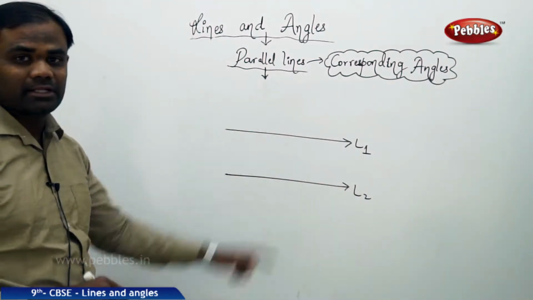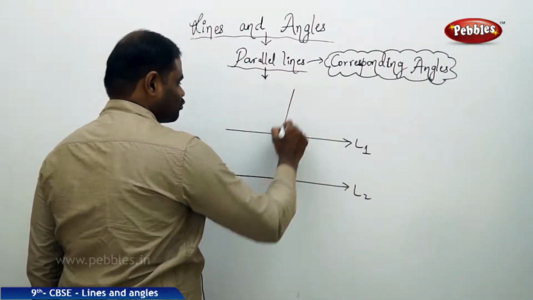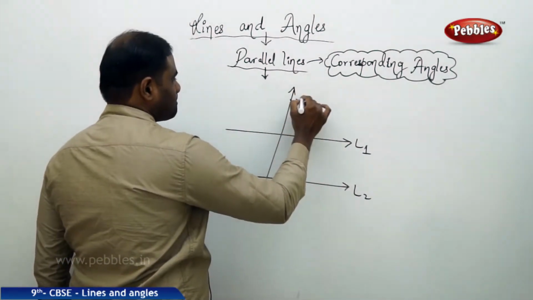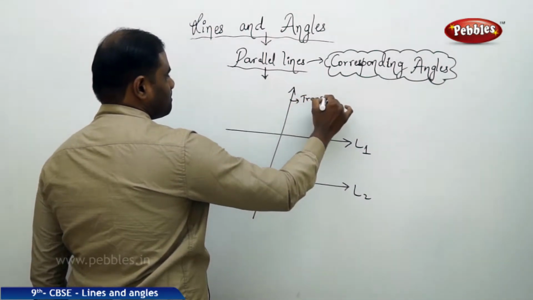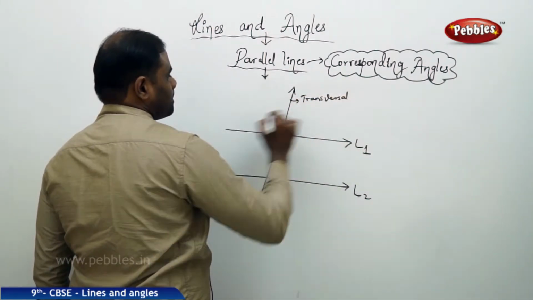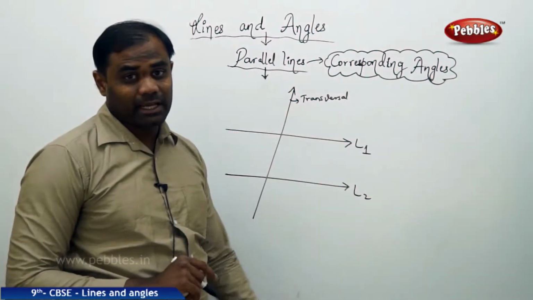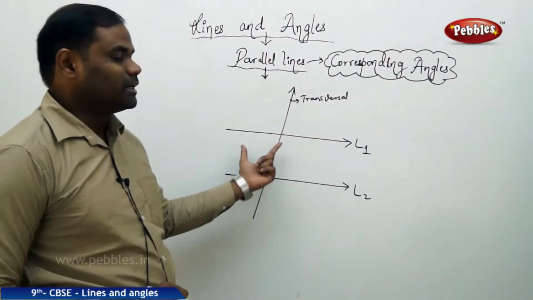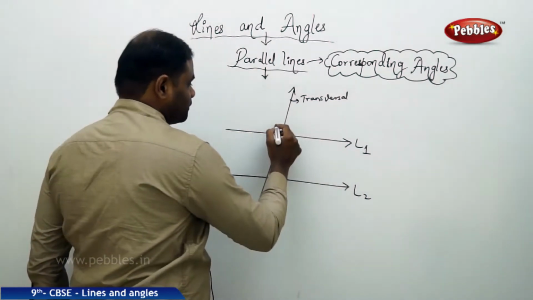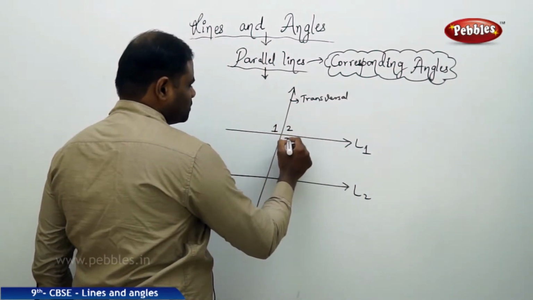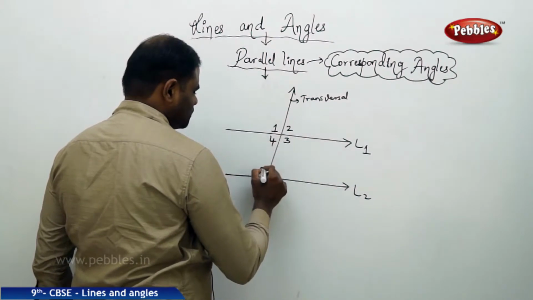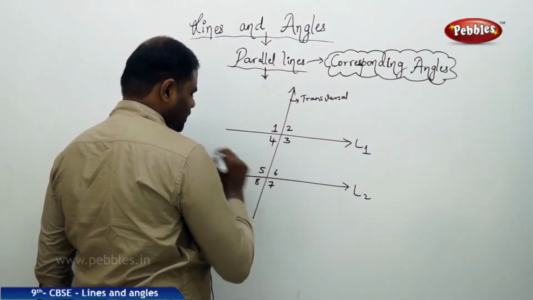Let there be a transversal which cuts the 2 lines. As we already discussed, 8 angles are formed with L1 and L2: 1, 2, 3, 4, 5, 6, 7 and 8.